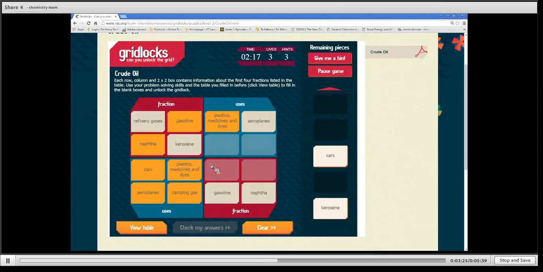Now if we go over here, we've got plastics and we've got gasoline, so we've got to fill in these 2. Okay, cars, gasoline, that's already done. We can't use naphtha, so it might be easier to do this one first. We've got plastics and aeroplanes, so that's the kerosene and naphtha.